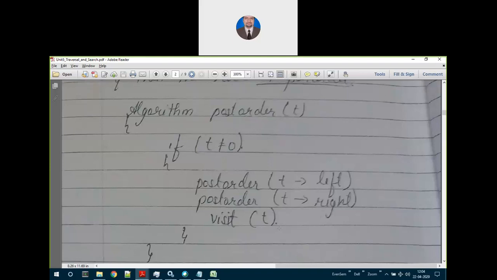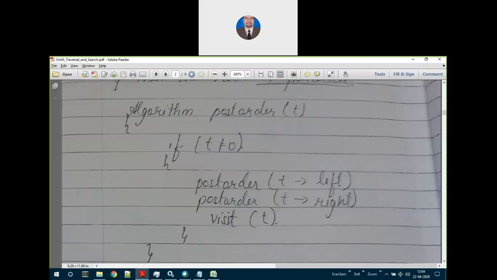In that case, in the note, you first need to write the definition of traversal, then the definition of that particular traversal, whether in-order, pre-order or post-order, and then the algorithm. The algorithm is mandatory.